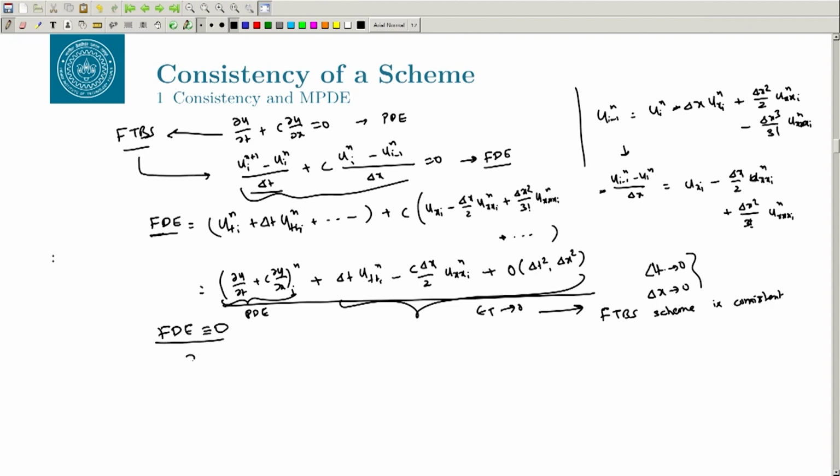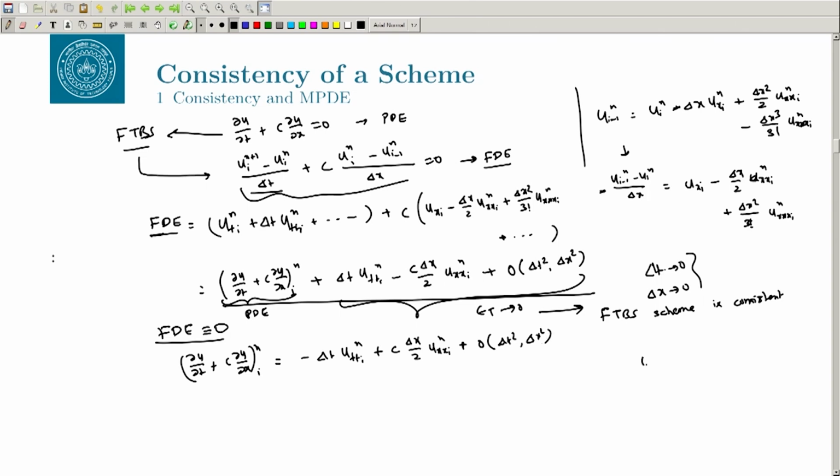That means you can write del u by del t plus c del u by del x at i n will be equal to minus delta t u_tt at i n plus c delta x by 2 u_xx at i n plus order delta t square, delta x square, right.